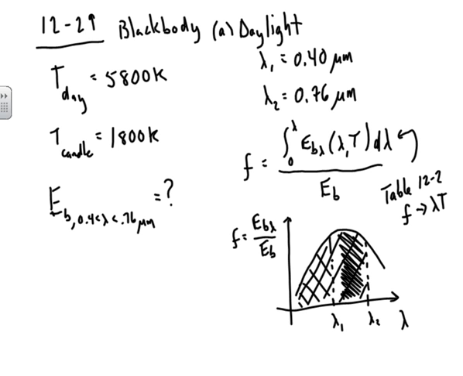Okay, so that's what it looks like in a diagram, but we can also write it like this: f from lambda 1 to lambda 2 just equals f of lambda 2 minus f of lambda 1. So that's what we're going to use. We'll go ahead and plug in some of our values. This is again part A for daylight.